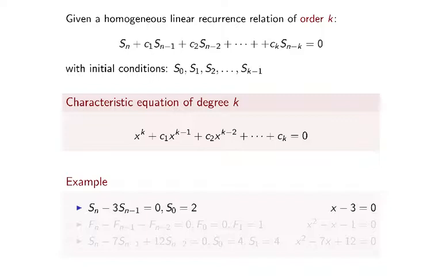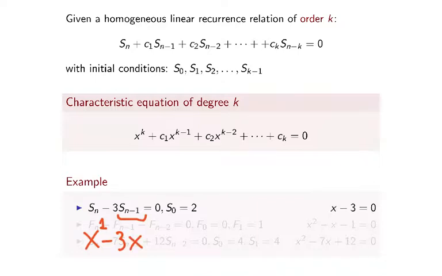Because it's order 1, our characteristic equation, our polynomial, is going to be degree 1. So we start by writing x to something, and this something is the degree of the polynomial, which coincides with the order. In this case, it's going to be x to the power 1, because this relation was of order 1. And now minus 3, right? You see that we write exactly the same that we have in the equation, minus 3 times a power of x, but 1 degree less.